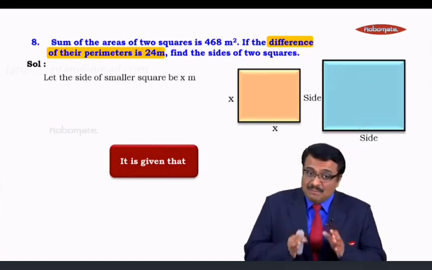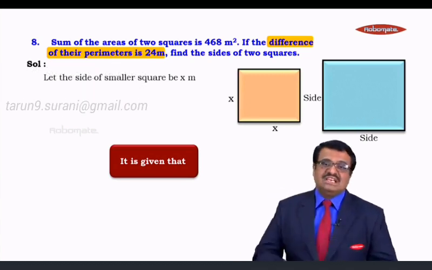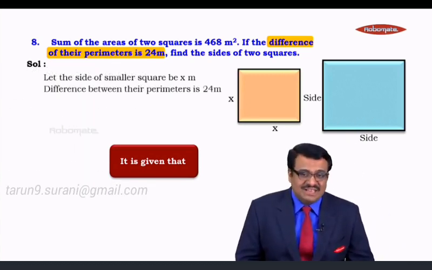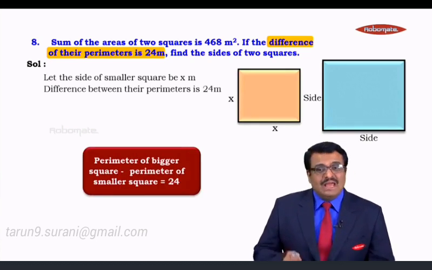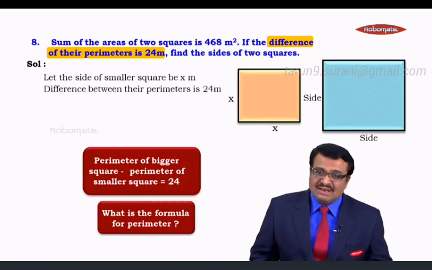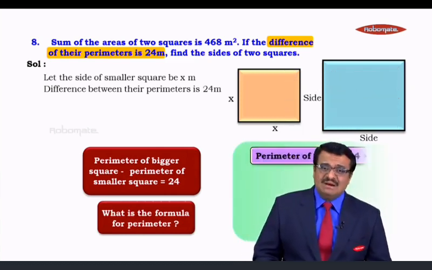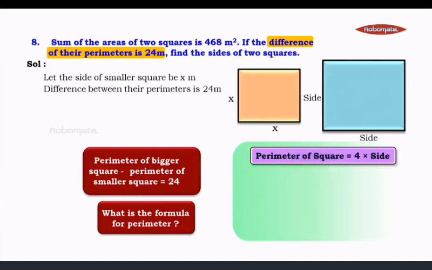That means the perimeter of the bigger square minus the perimeter of the smaller square, the difference is given as 24 meters. Yes or no? What is the formula of perimeter? Perimeter is nothing but 4 into side. We all know this, right?